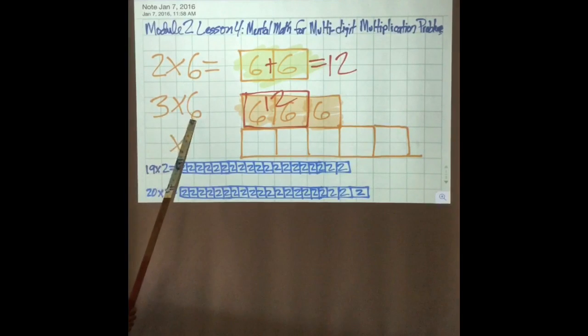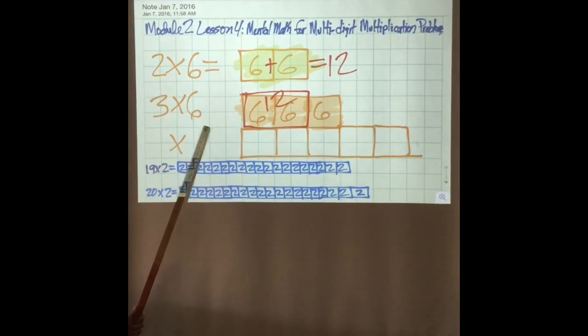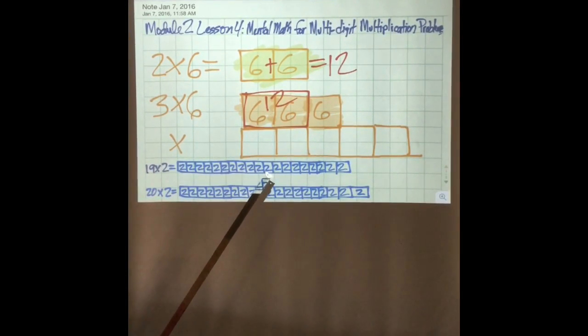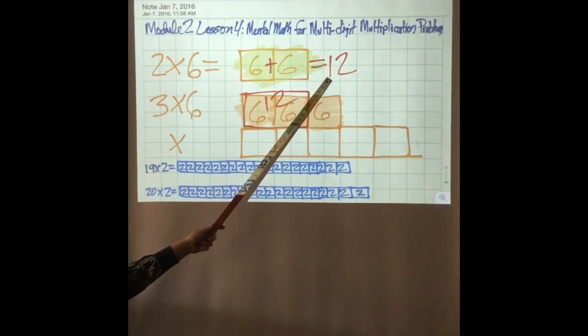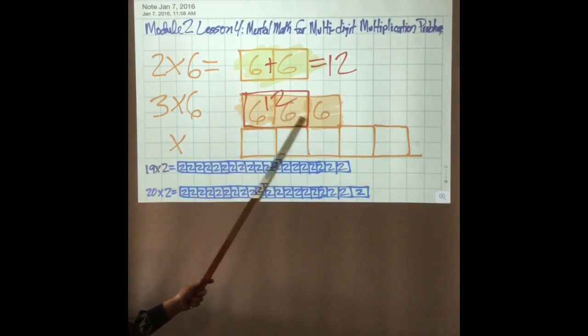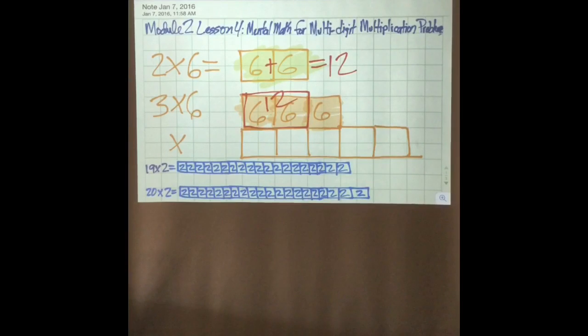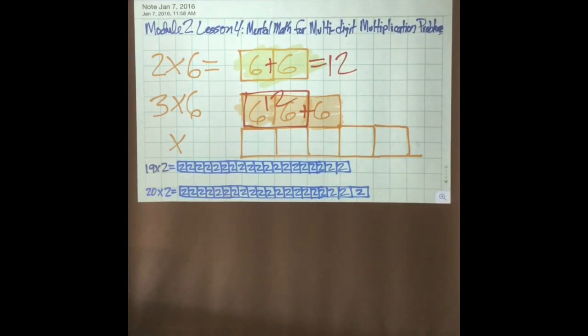So if we multiplied 3 times 6, you can actually go, well, I know what 2 times 6 is, 12, and then all I'm going to do is add 1 more 6 to the 12, right? So 12 plus 6 is 18, right?